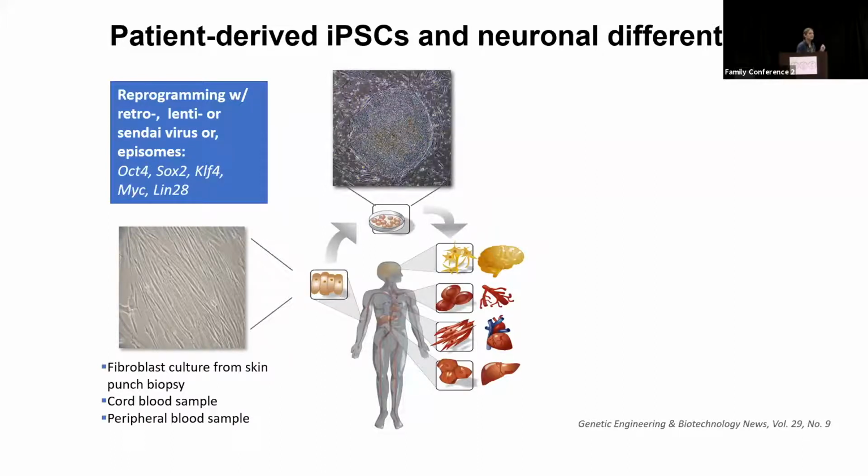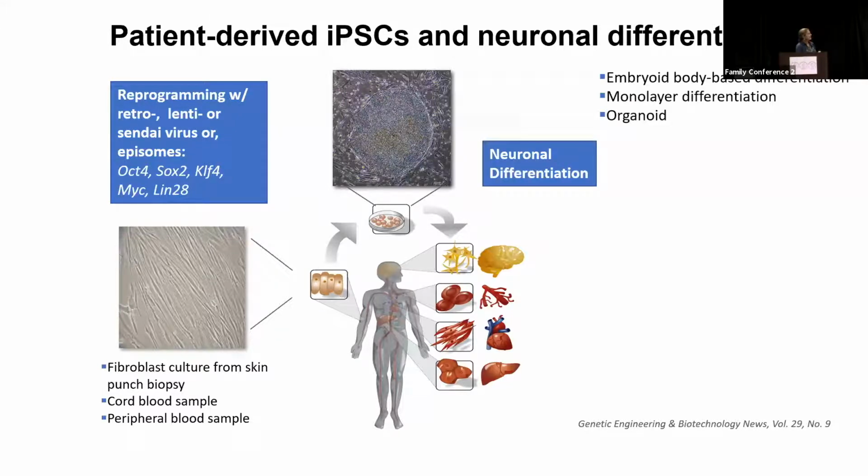So it's really a way to preserve the genetics in these stem cells. On top of that, we can take these stem cells and, using a variety of different strategies, depending on the question we're asking, we can turn them into neurons. Technically, we could turn them into almost any cell type in the human body, but we're interested in neurons because that's the affected cell in your kids.